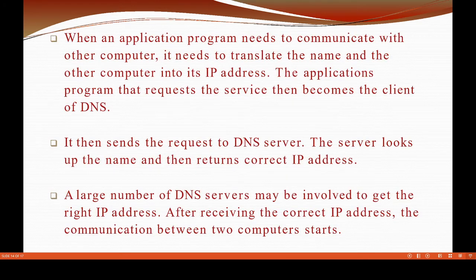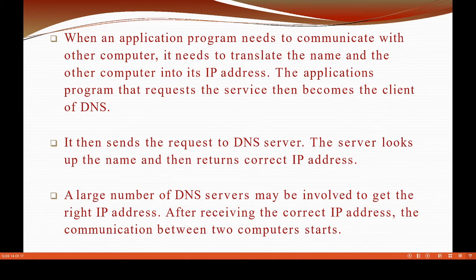When the application program needs to communicate with other computers, it needs to translate the name of the other computers into their IP address. The application program that requests the service then becomes the client of DNS.